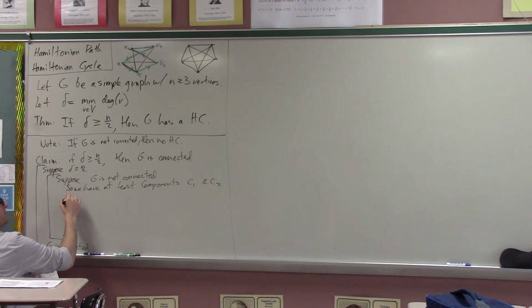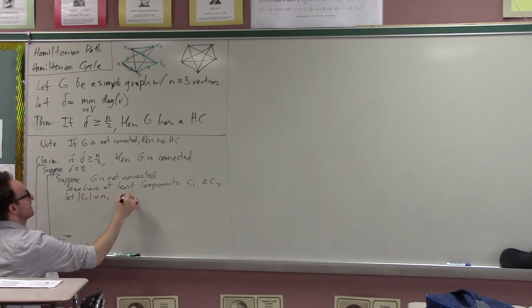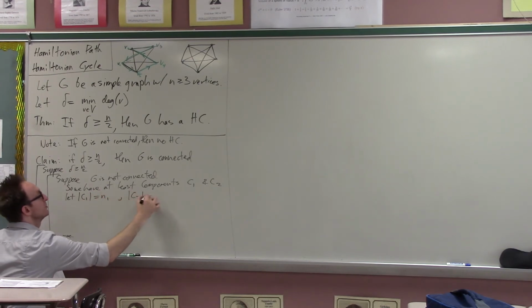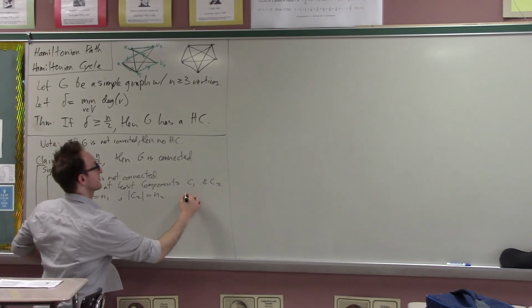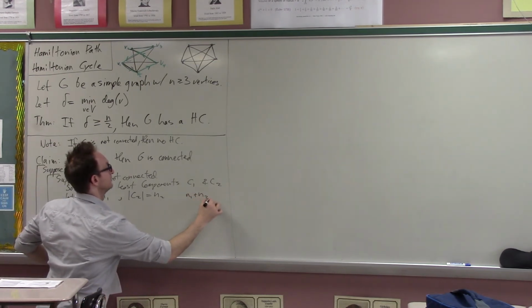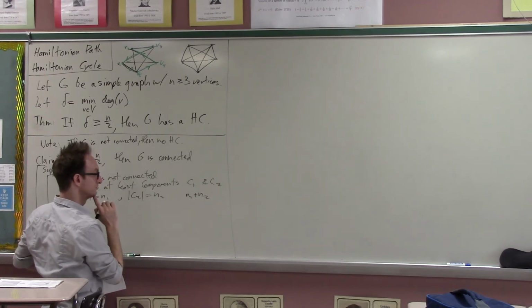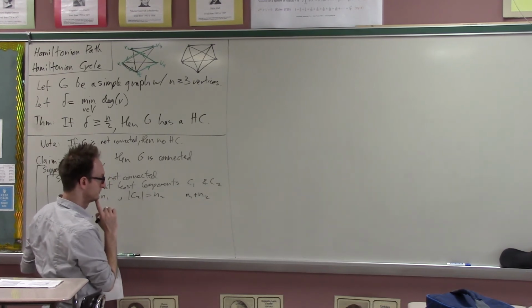For purposes of specificity, let the size of the component C1 be N1 and the size of the component C2 be N2. So let there be N1 vertices in C1 and N2 vertices in C2, and there might be other components as well. So the minimum of N1 through Nk has to be less than or equal to N over 2.